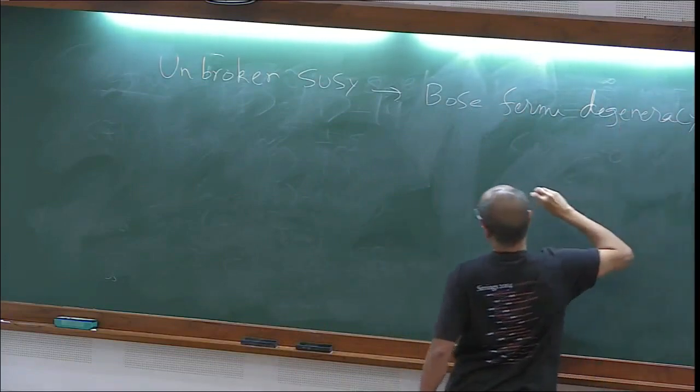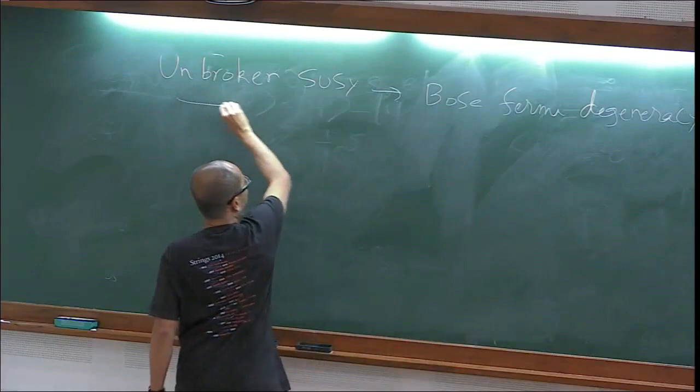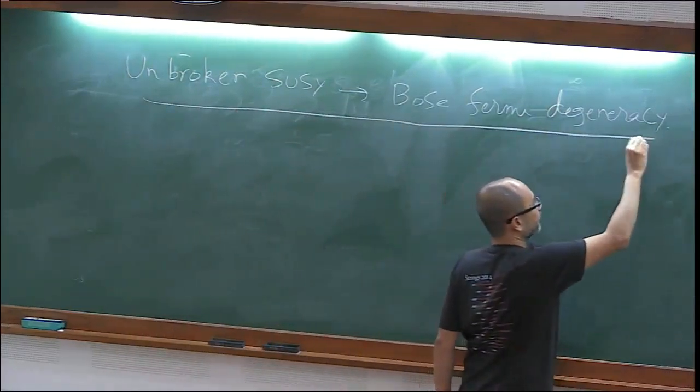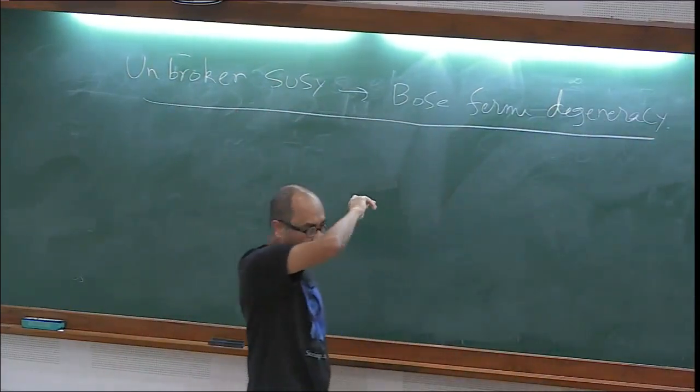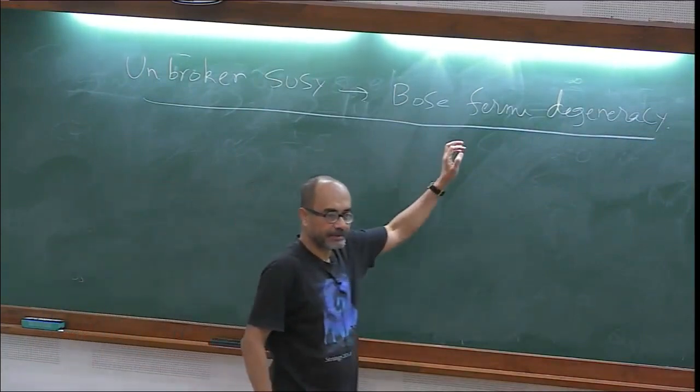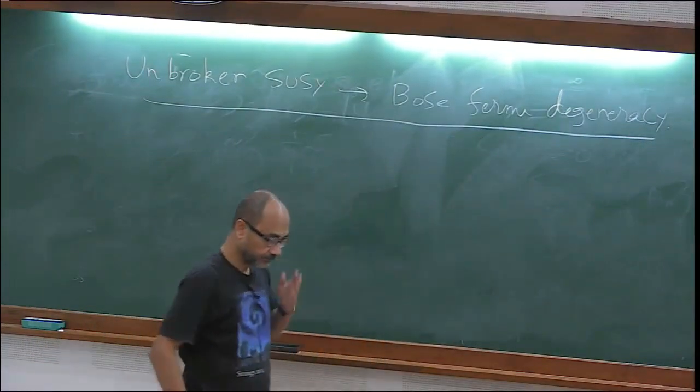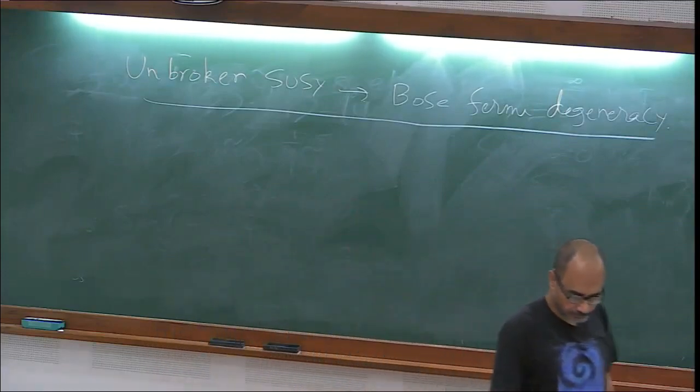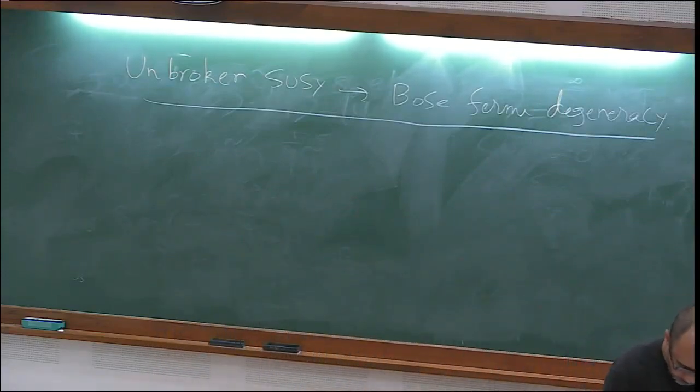In fact, I'll do a little more than proving just Bose-Fermi degeneracy. We'll also see that when the states are unstable, unbroken supersymmetry means that the boson and fermion pairs have the same width. That is, even the imaginary parts will be the same.